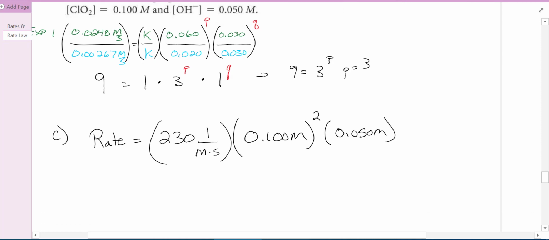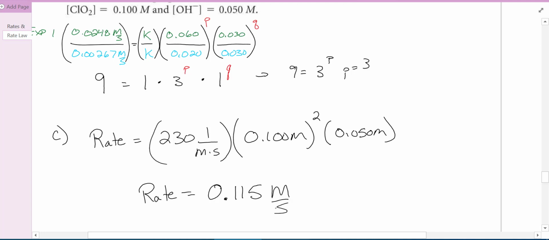So my rate equals 230 times 0.1 squared times 0.05. I get 0.115 molarity per second. Well, there you go.